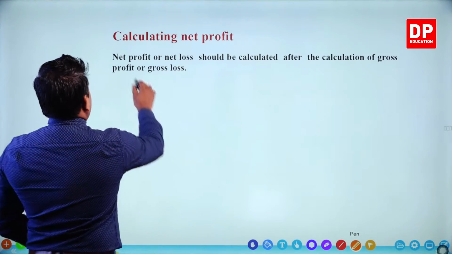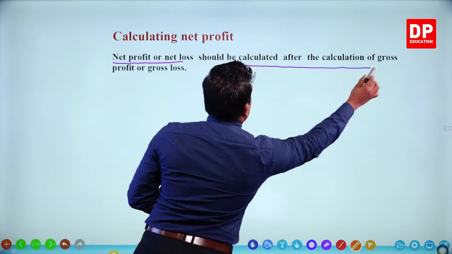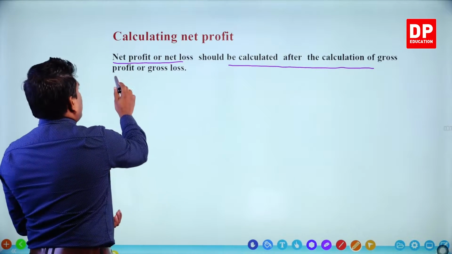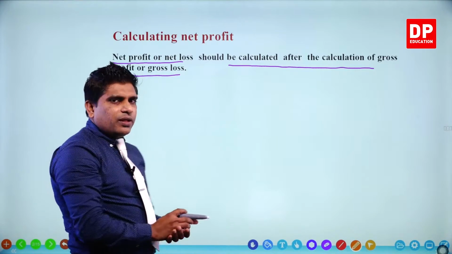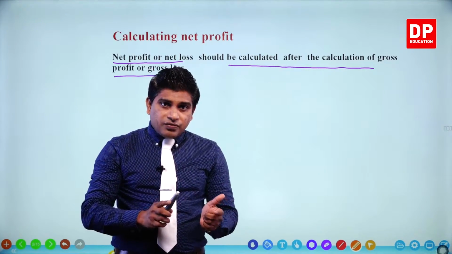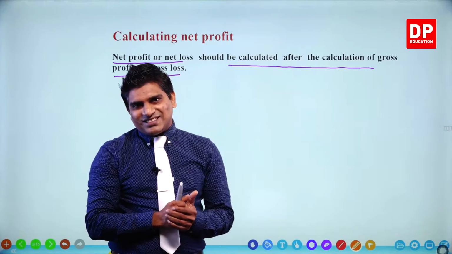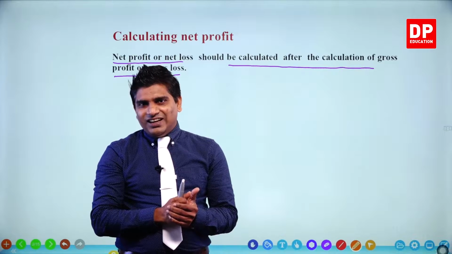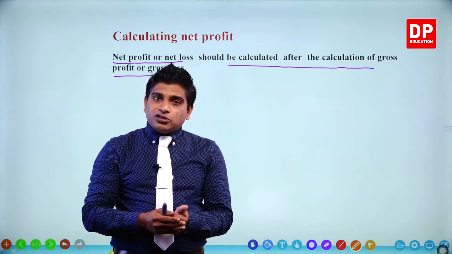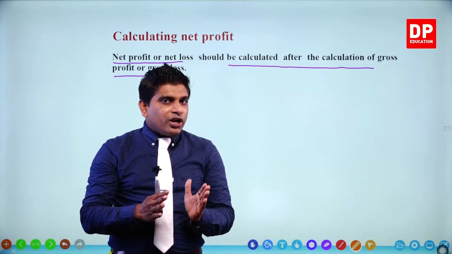Net profit or net loss should be calculated after calculation of gross profit or gross loss. Remember, before you calculate the net profit or net loss, we must calculate the gross profit or gross loss of a business. Without calculating gross profit or gross loss, you can't calculate net profit or net loss.